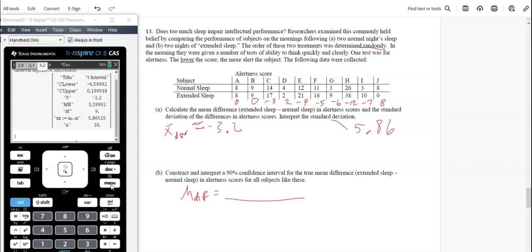So they assigned the treatments randomly. It's interesting, I don't think we have to check the less than 10% condition because it's an experiment. They volunteered for this. It's not like they were randomly chosen. But there was random assignment, which is good. So I would say that the condition there is random assignment, right? They were assigned randomly to the different treatments. Okay.